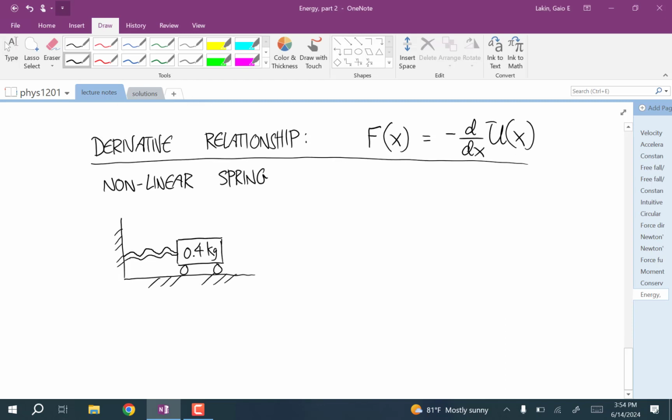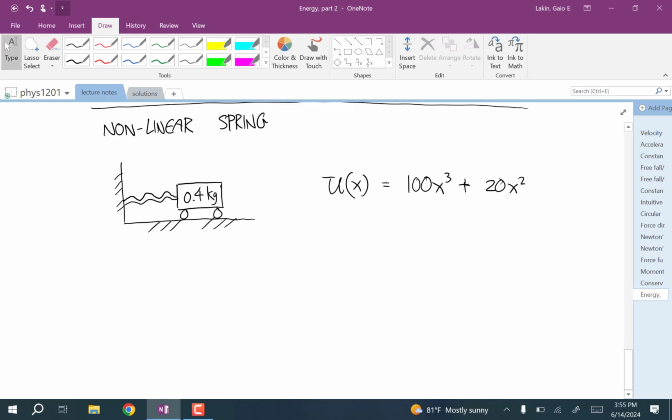And let's say that we know that the potential energy function for this spring has this form. The potential energy is equal to 100 x to the third plus 20 x squared.